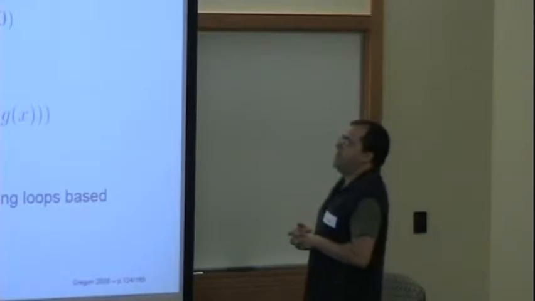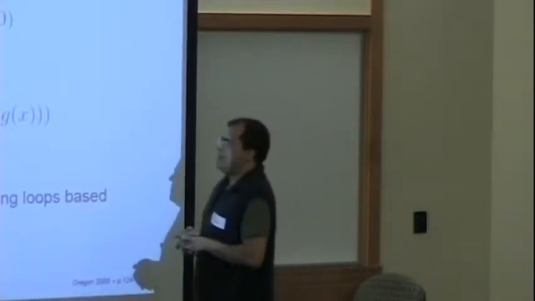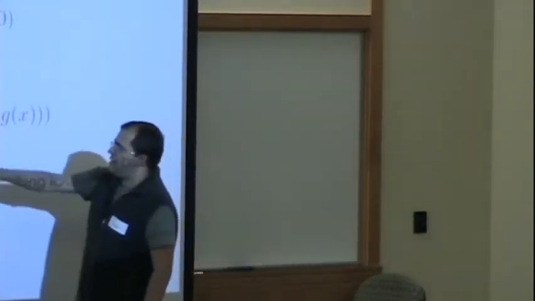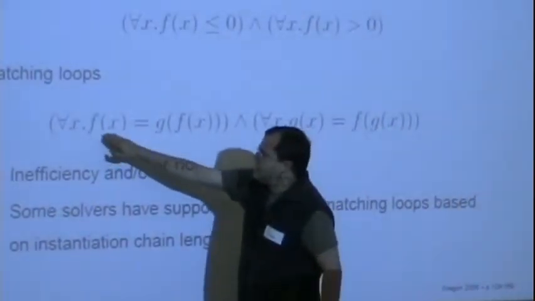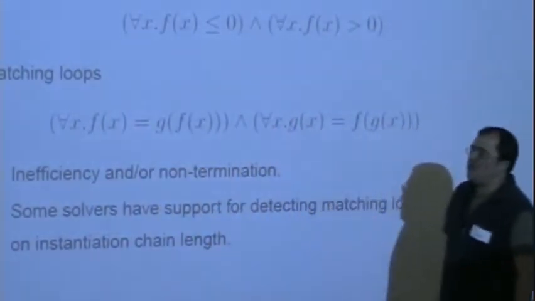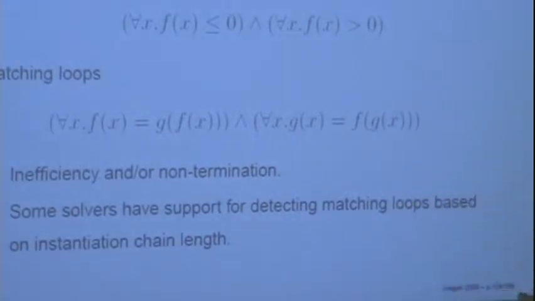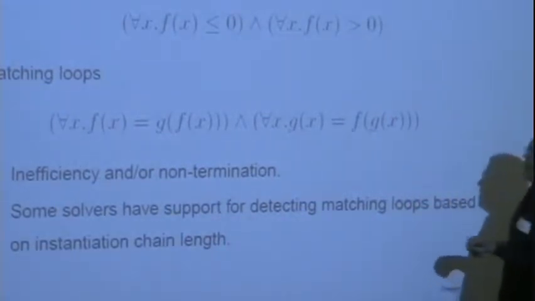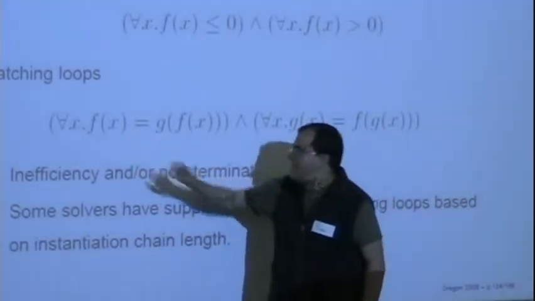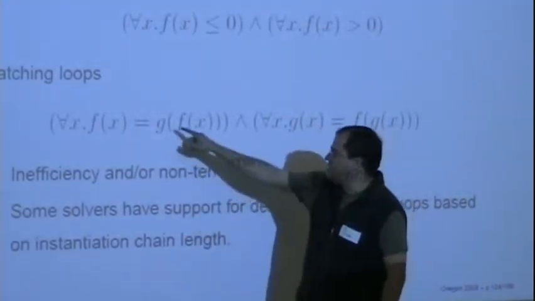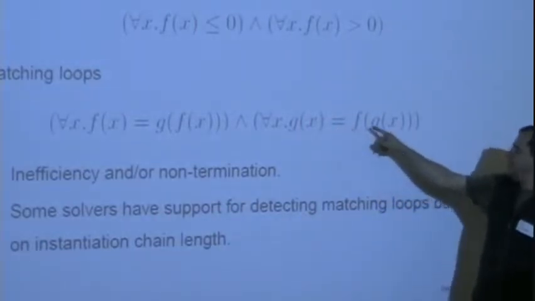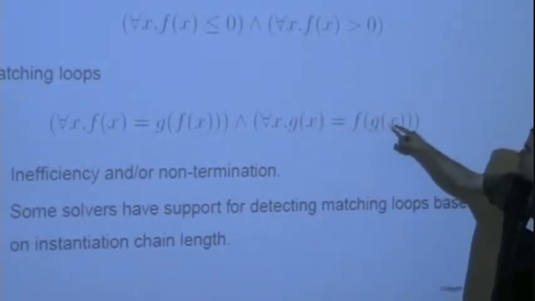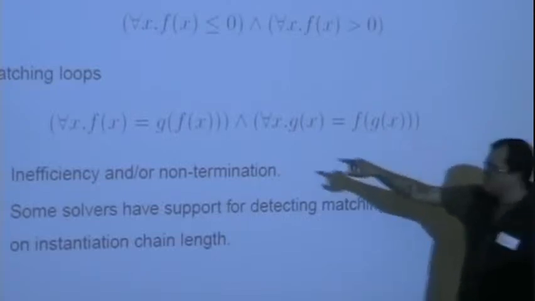Another problem with matching is matching loops, right? Suppose that you have two quantifiers, where the pattern is f of x in one and g of x in the other. Suppose that I have f of a, right? I'm going to match x with a. You're going to get g of f of a. Now you can instantiate the other with g of f of a, and you're going to get f of g of f of a, and so on.